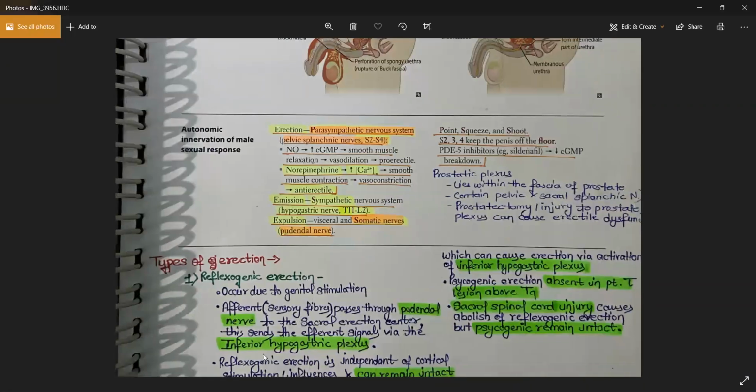This hypogastric plexus consists of both sympathetic and parasympathetic fibers. The hypogastric nerve is a sympathetic nerve. The pelvic splanchnic nerve is a parasympathetic nerve. But this plexus consists of both the sympathetic nerve as well as the parasympathetic nerve. So two different things: the plexus is one thing, and the nerves are different things, right?